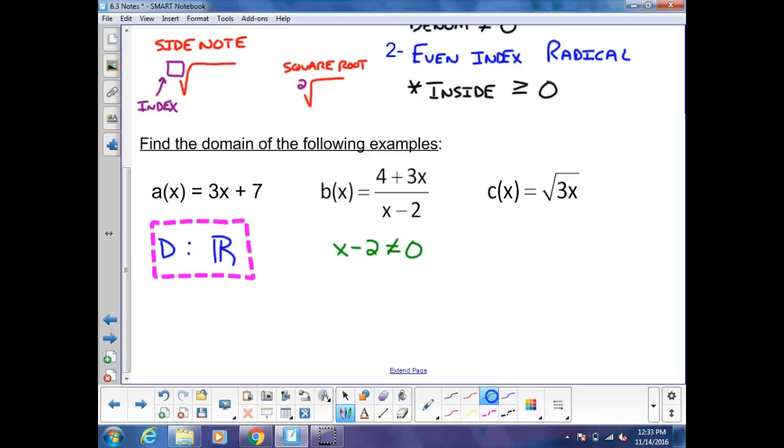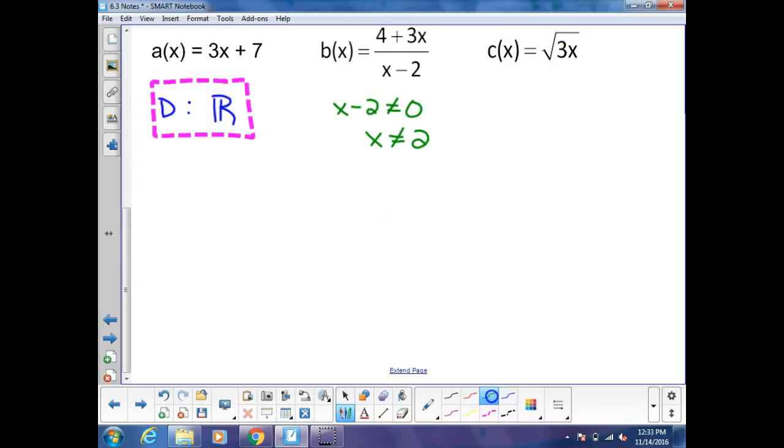So x cannot be positive 2. With me? So the domain here of B is all real numbers with the exception of x cannot be equal to 2.